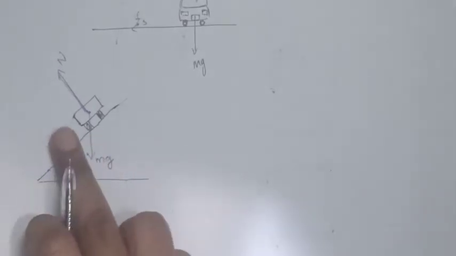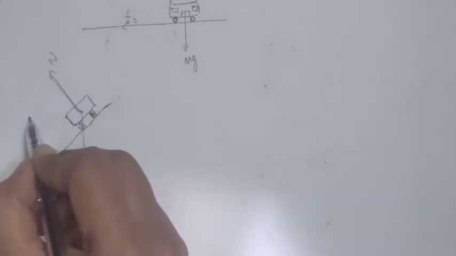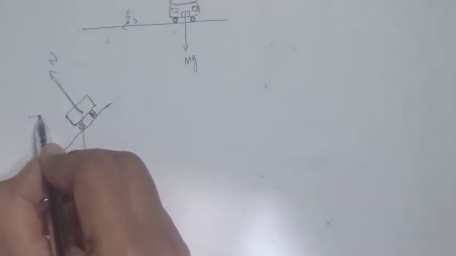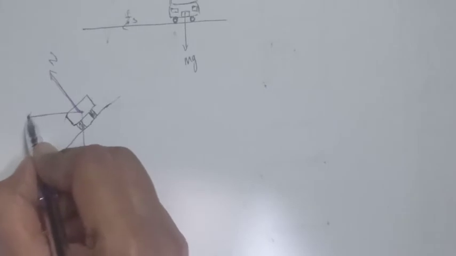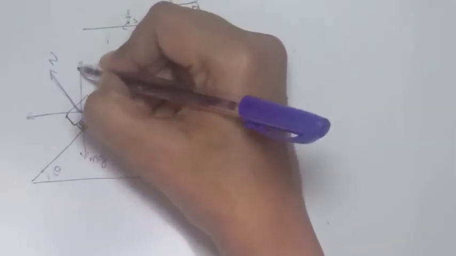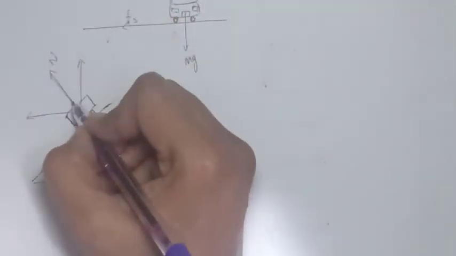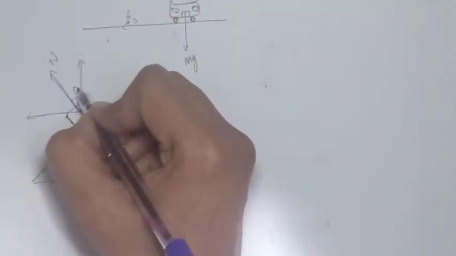Here, as the normal has been slanted, you can find the horizontal component and the vertical component. As the normal has been slanted by theta, this angle will also be theta.